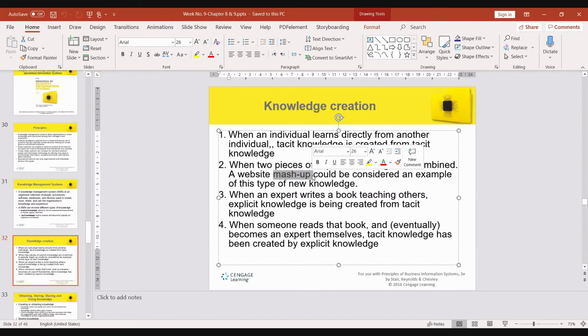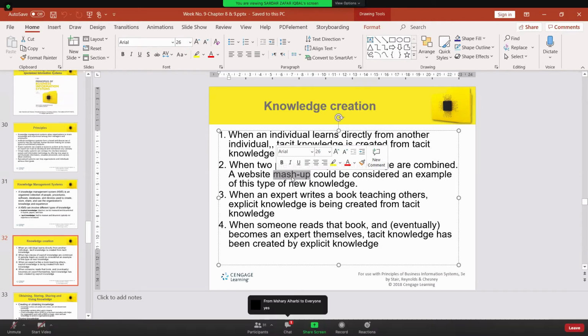That is called a mashup. Okay? You know the mashup song? A song mashup means different songs are collected and they make one song. After 1 minute, the song will change to the new song, and they created one mashup for that. Is that clear?